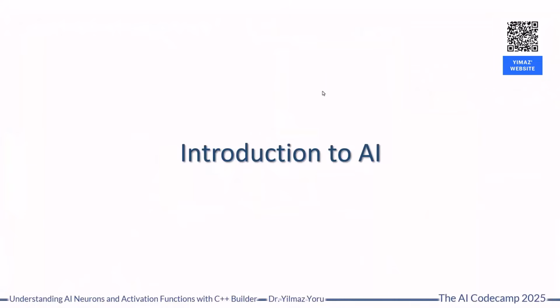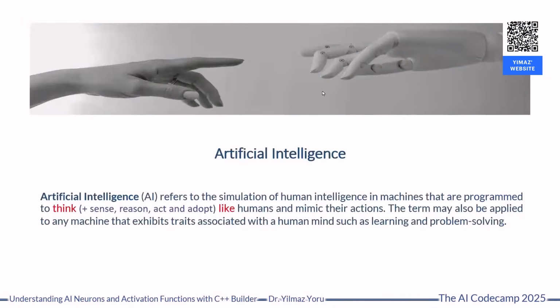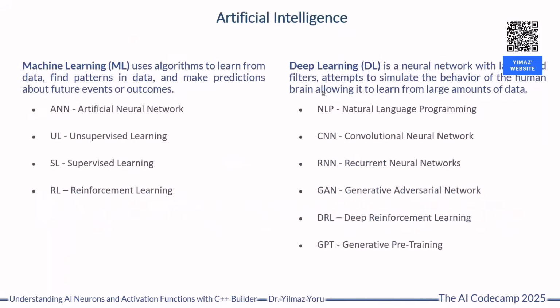Now let's start with some introduction. AI refers to the simulation of human intelligence in machines that are programmed to think like humans and mimic their actions. The term may also apply to any machine that exhibits traits associated with a human mind, such as learning and problem solving. In general, there are two fields in artificial intelligence: machine learning and deep learning.